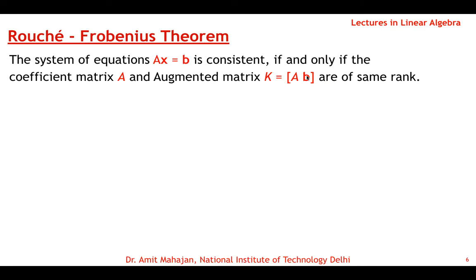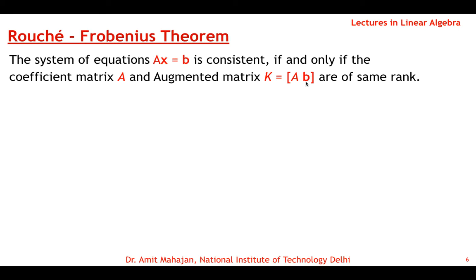So this definition is same as the previous definition, that the system will be consistent if the last column is not a pivot column. Or equivalently we can say that these two matrices have the same rank, which is same as saying that this column is not a pivot column.